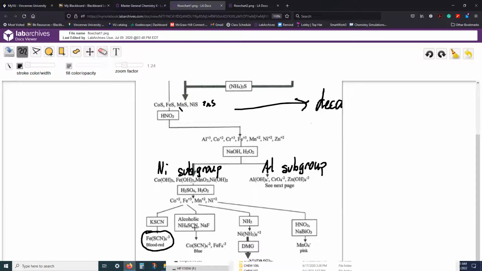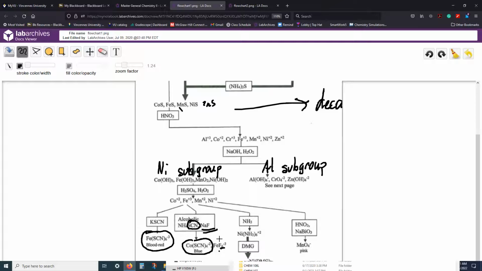The cobalt also uses the thiocyanate ion and creates this blue complex. Now, if iron is there, this blood red complex is going to be far darker and obscure this. So sodium fluoride is added to create a different complex, a fluoro complex, for the iron.